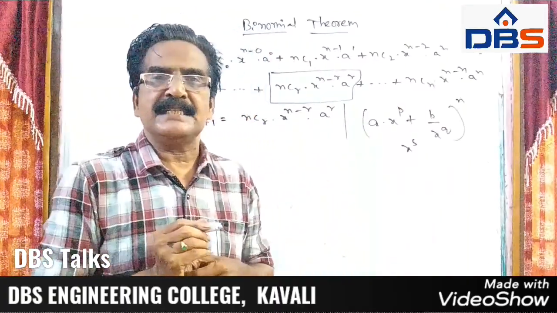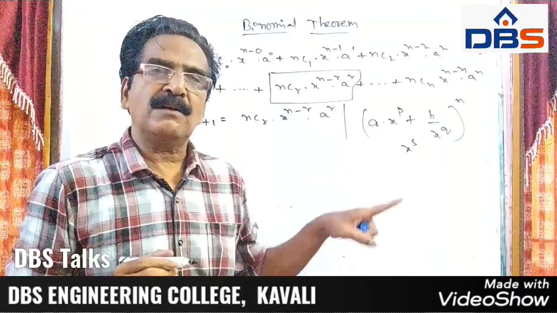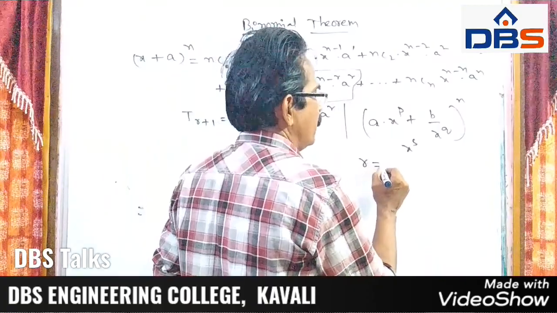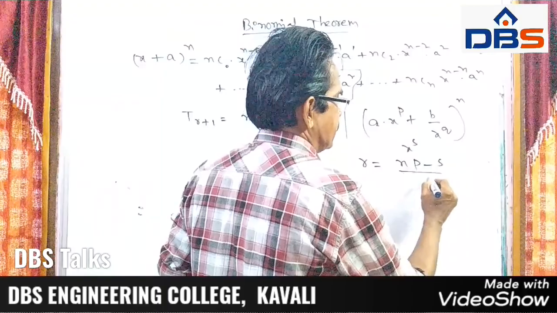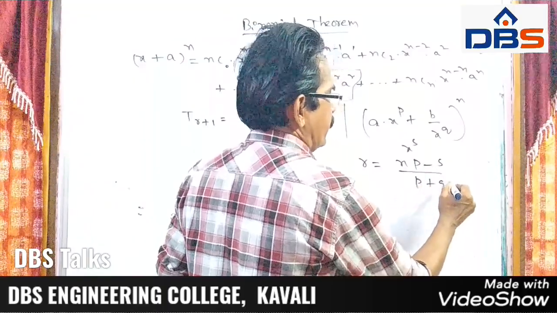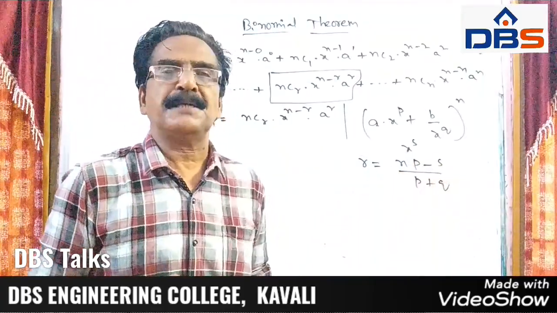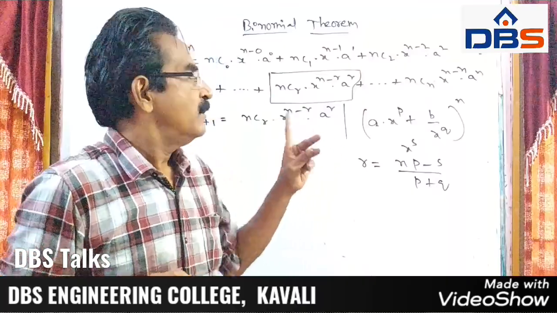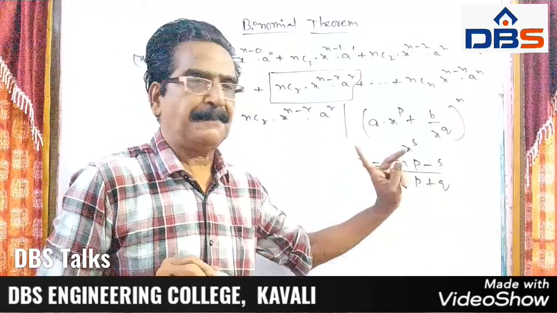For that also we have to find r, but here the formula slightly changes, friends. By doing Np minus s by p plus q, you will get r. The rest of the things are as usual. R is equal to Np minus s by p plus q.